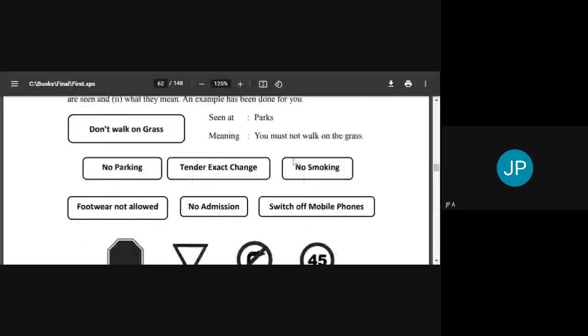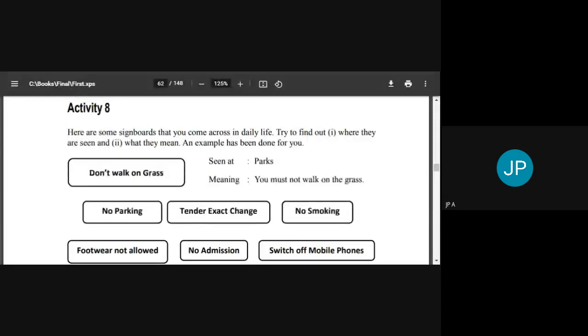They are actually long sentences which have been shortened. There may be just one word or two words, but they are actually contractions. A contraction is a shortened form of an instruction.